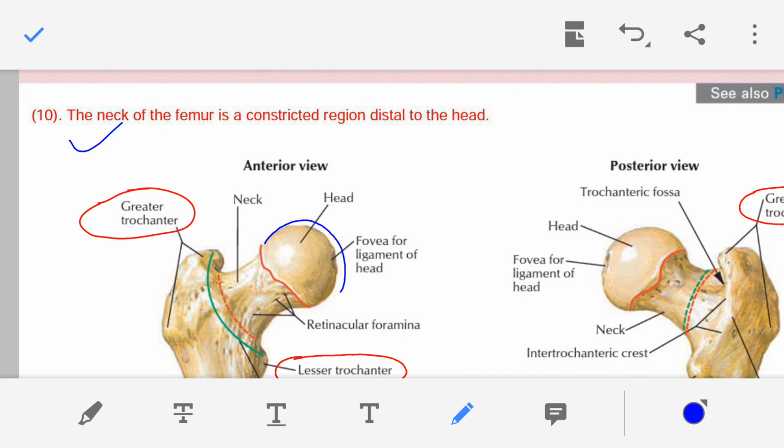This one is the head, and this constricted region which is away, posterior, behind, distal, constricted, is known as the neck. So the 10th point is regarding the neck, and the neck is the constricted region present distally to the head.